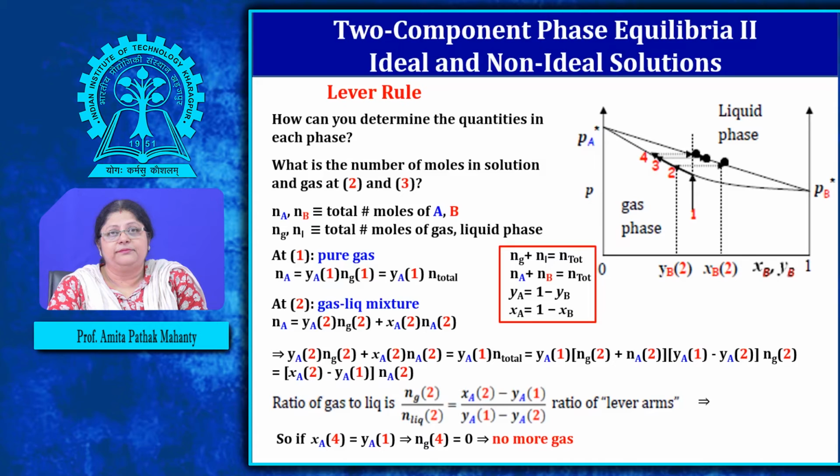So if I want to find out the total moles of the component A, it will be the mole fraction of A in the vapor phase times the number of moles of the vapor at point 2, plus the mole fraction of the A component in the liquid phase times the number of moles of liquid at point 2. This is A in the liquid state. Okay.